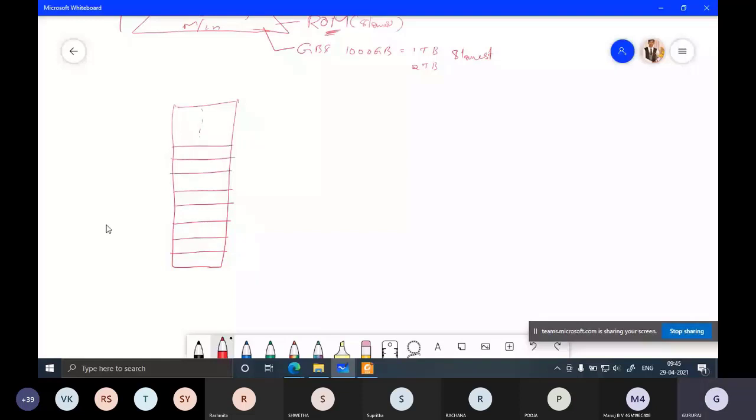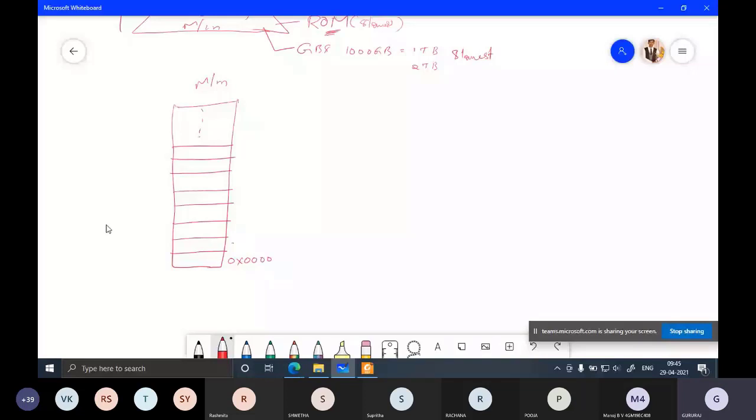Like this. So this is the memory. This memory system will have locations, and I told you that every location will be given an address. Let's say this location address is 0x0000. Just for demonstration, I am using this.